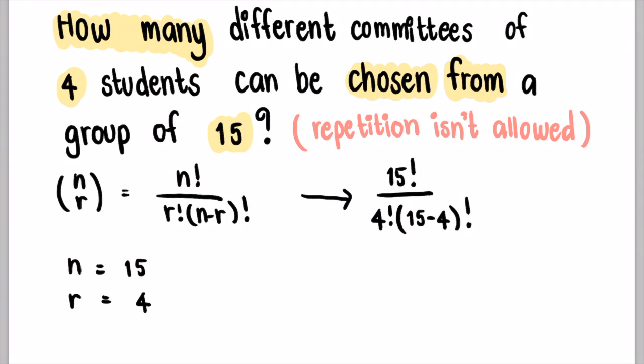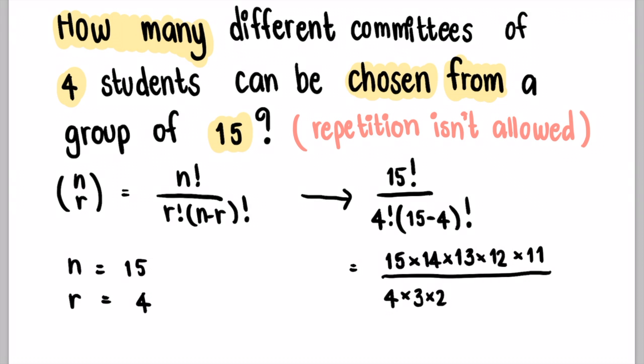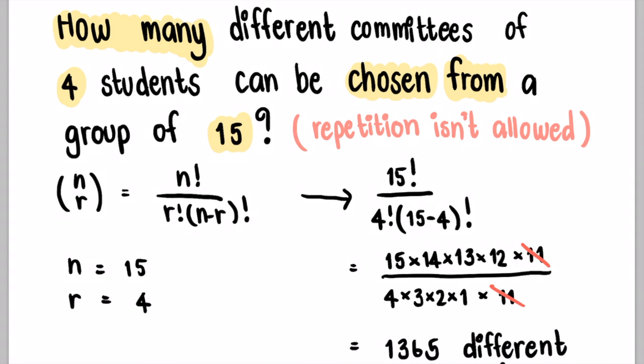After that, you substitute N and R in the formula. After you calculate them, you will get the answer, which is 1,365 different ways.